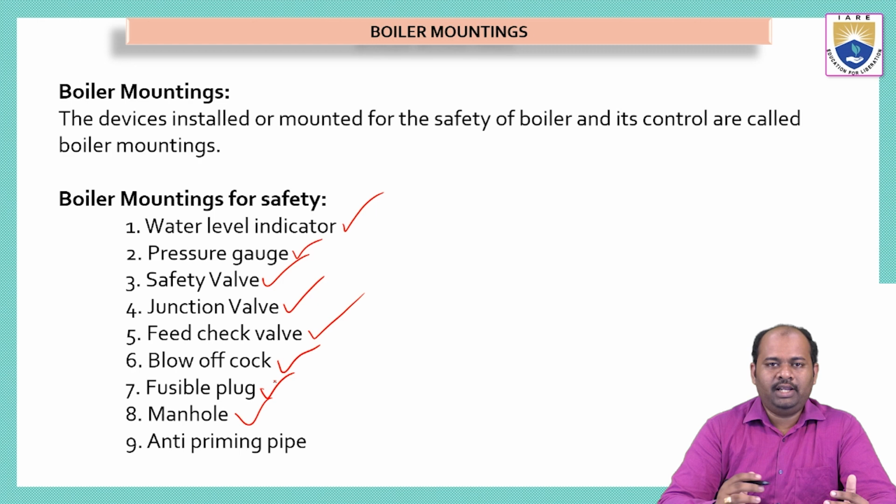And then the manhole. A manhole is for cleaning purposes. An operator can go into the boiler and clean the inner surface of the water tank as well as the furnace. Then anti-priming pipes. An anti-priming pipe is a device attached to the boiler to make the water go into the tank easily. Now we'll see the working of all these mountings in detail.